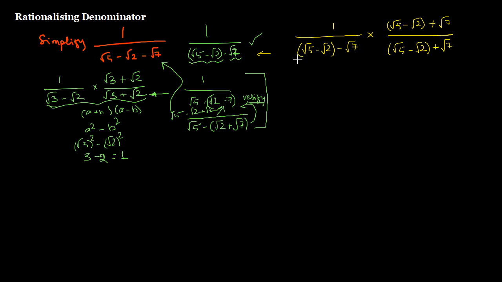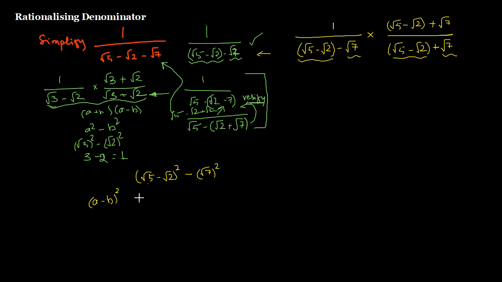So as I mentioned, this is a minus b, a plus b, a square minus b square. So here, if you look at it, root 5 minus root 2 becomes my a square, minus b square, which is root 7 square. This will be a minus b whole square, remember that, a minus b whole square.